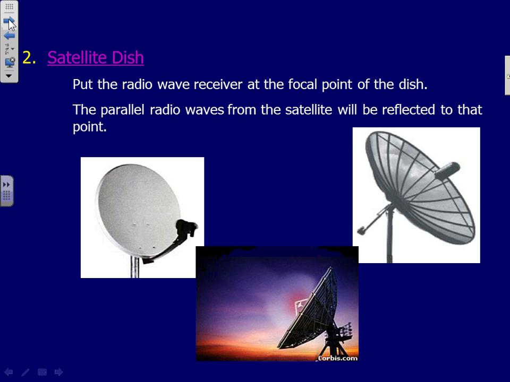Satellite dishes. Your satellite dish is similar to that. Now notice I found some images of some good old school satellite dishes. When I was a kid, that's what people had in their backyard, an actual big dish pointed at one satellite, and each satellite would give you like 2 channels.